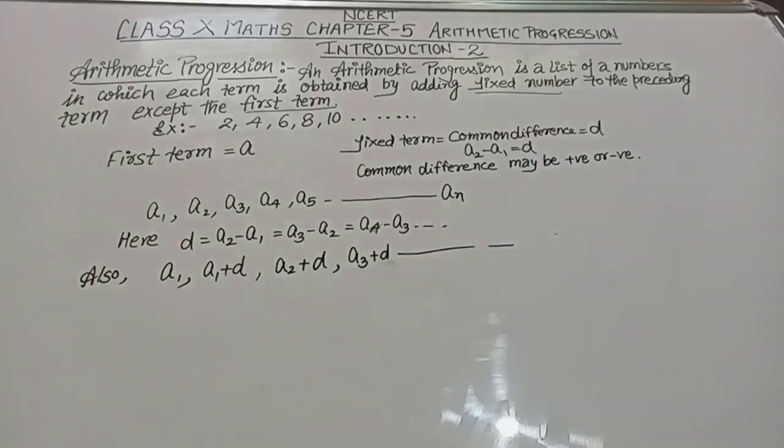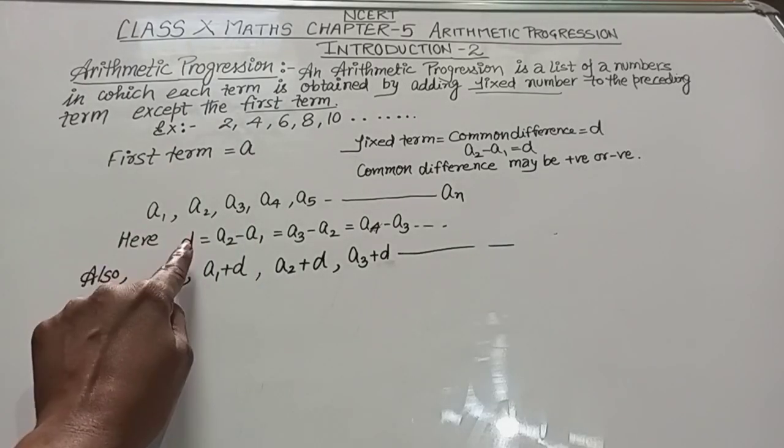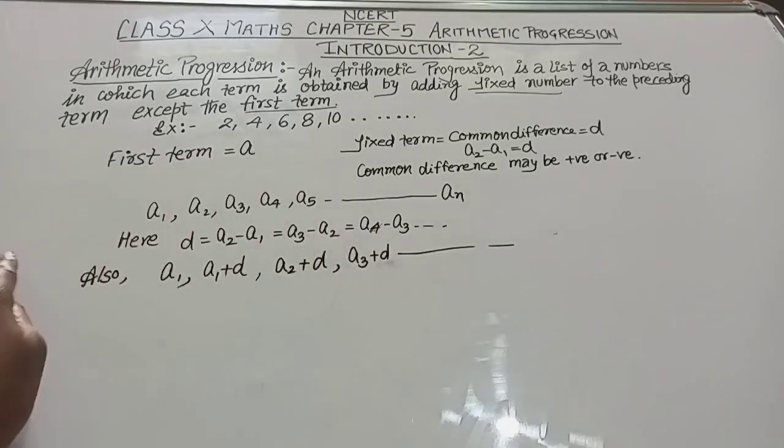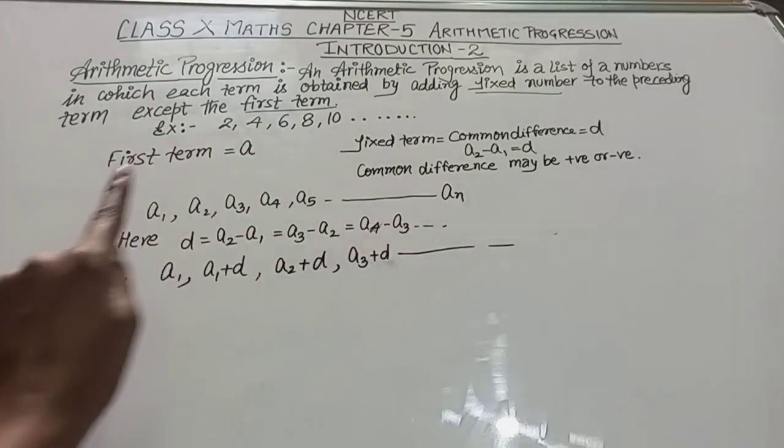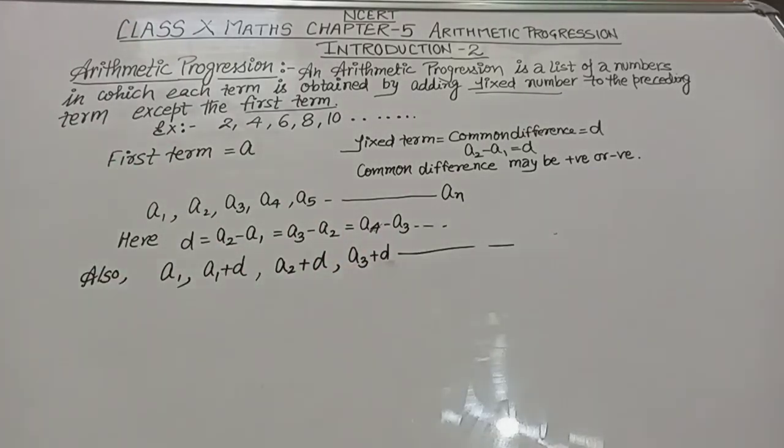How can you write it? A1 plus D gives A2, A2 plus D gives A3, A3 plus D gives A4. This is our pattern.